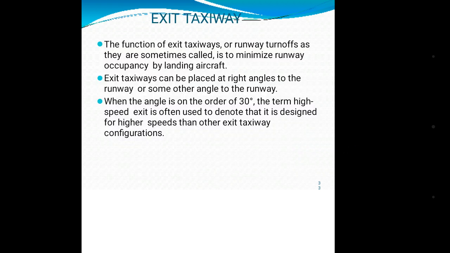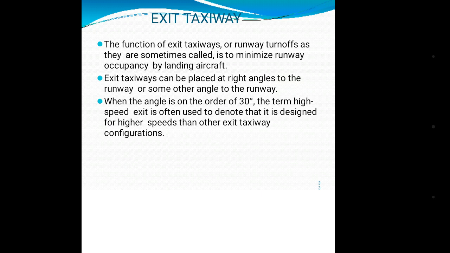Then exit taxiways. What are these exit taxiways? The function of the exit taxiways, or runway turnoffs as they are sometimes called, is to minimize the runway occupancy by landing aircraft.